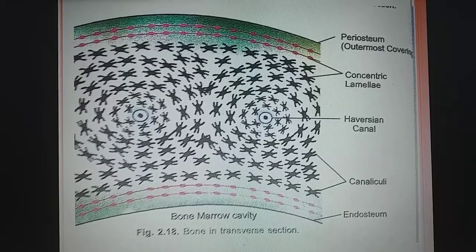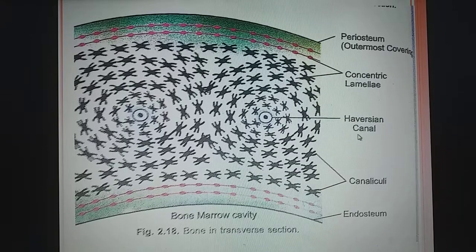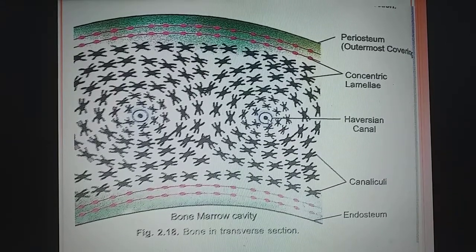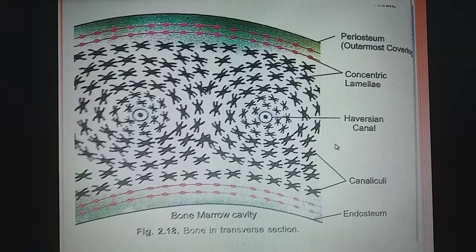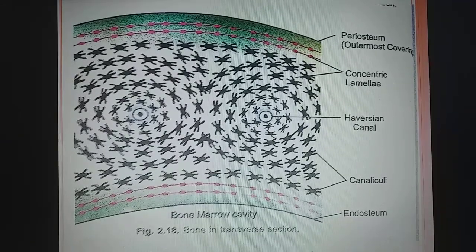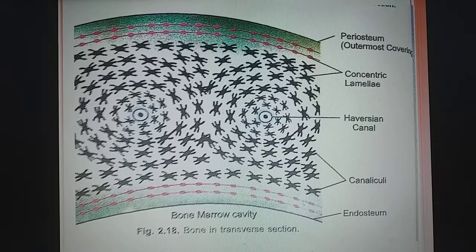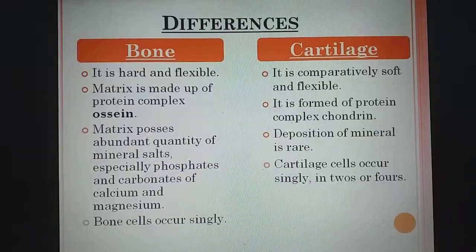And these canals have 1 to 2 blood capillaries, nerve fibers and connective tissues.